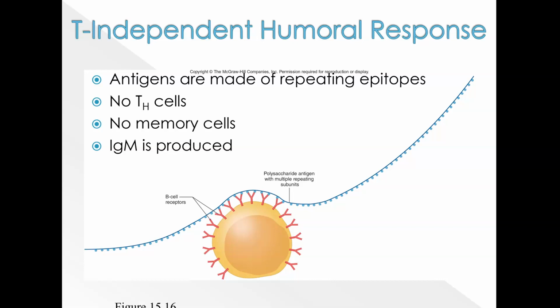So they do have some kind of low level of immune response, but again, it's all IgM, and it usually happens through multiple cross-linking of the B cell receptor by some type of antigen. And I just wanted to point out that we don't have to have helper T cells to have a humoral immune response, but it really helps in terms of having a quality IgG-driven antibody immune response.